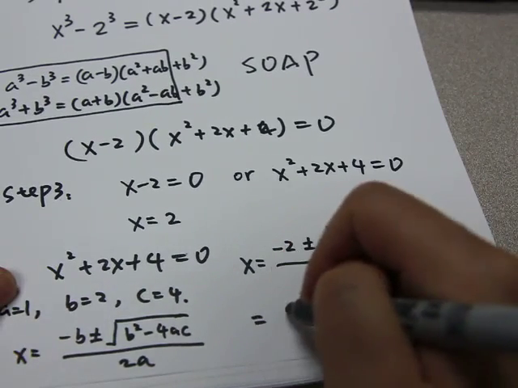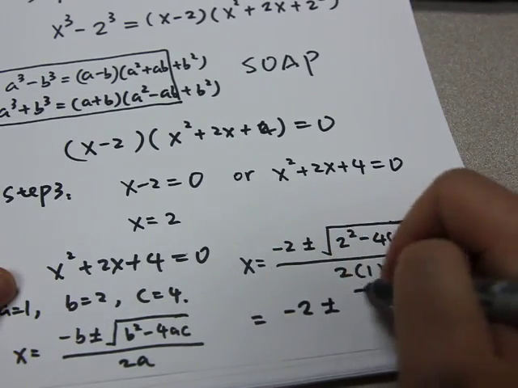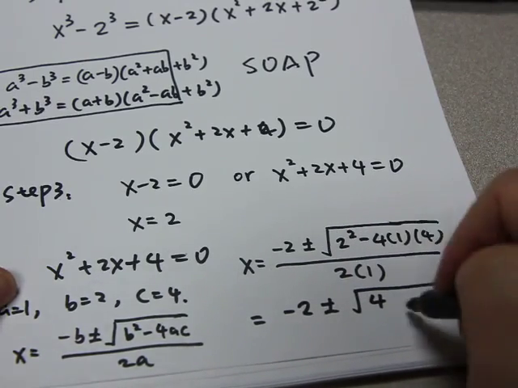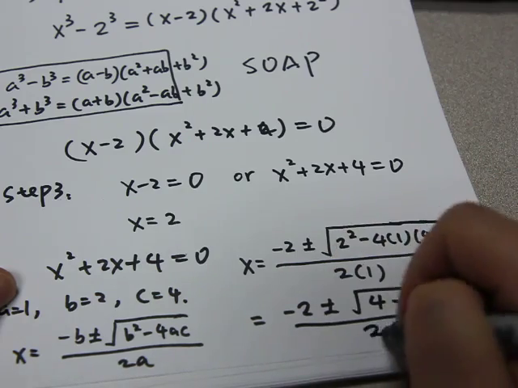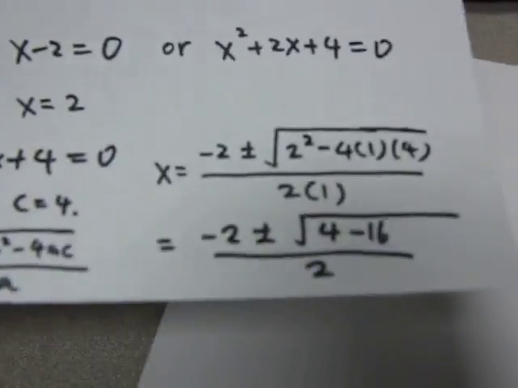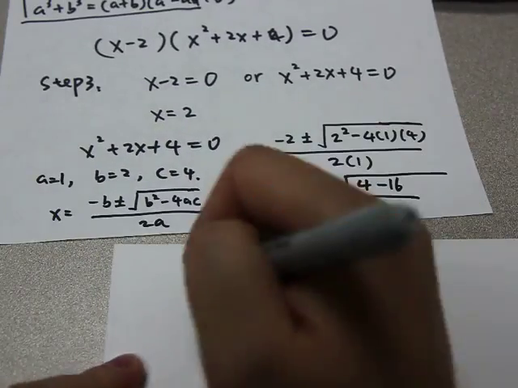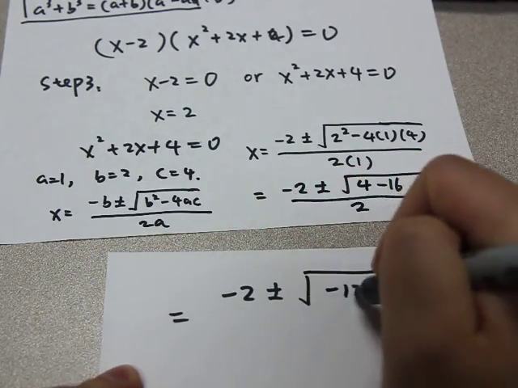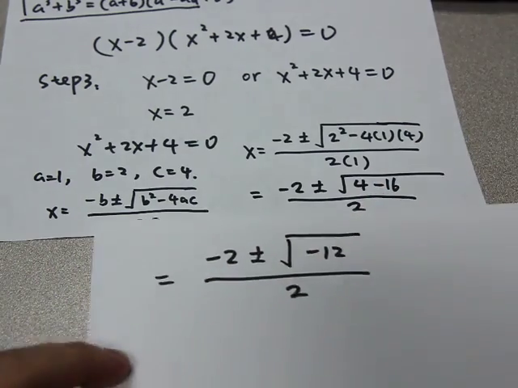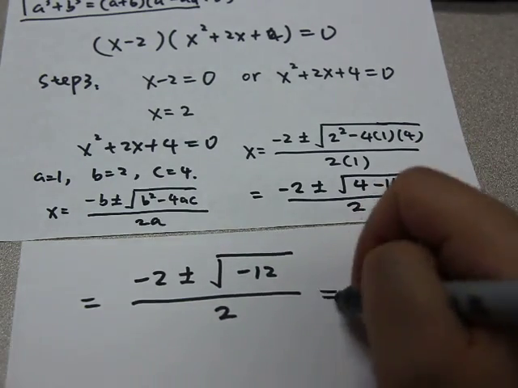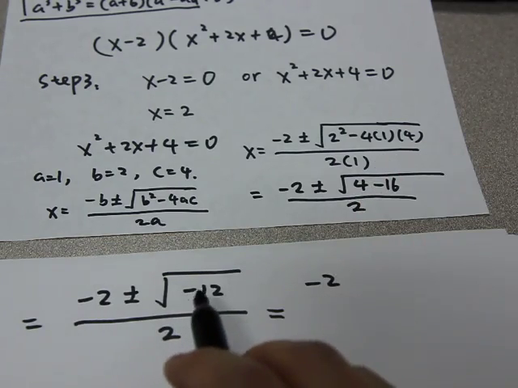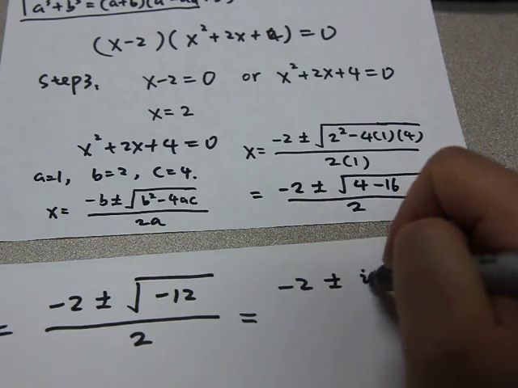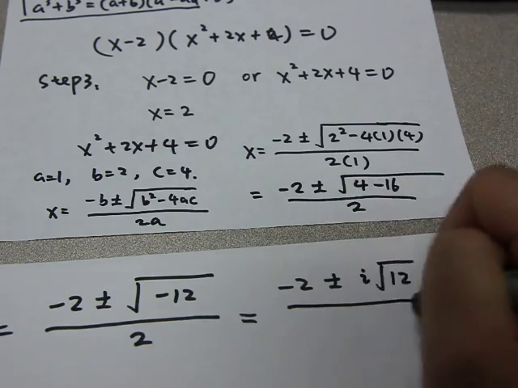That gives me negative 2 plus or minus the square root of, 2 squared is 4, and 4 times 4 is 16, so 4 minus 16, over 2. That equals negative 2 plus or minus the square root of negative 12, over 2. The square root of negative 12 we can write as i times the square root of 12.